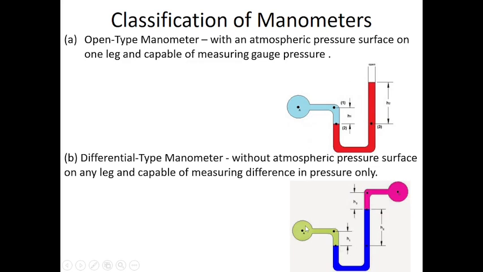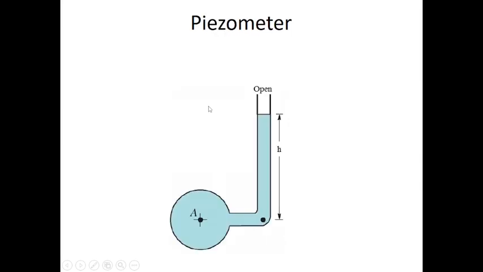This is a differential type manometer. It is capable of measuring difference in pressure only. As you notice, there is no leg that is open to the atmosphere.